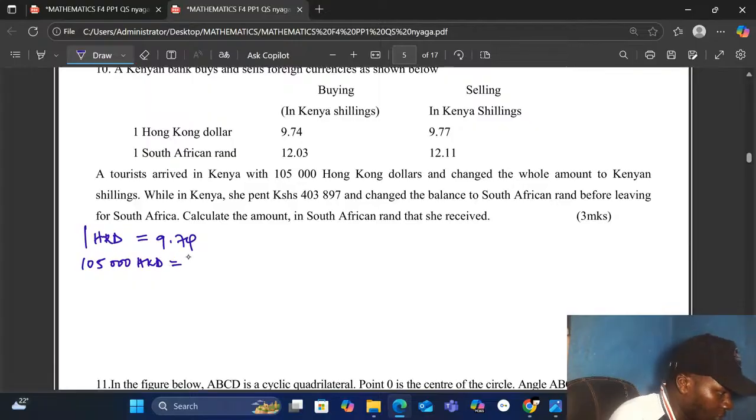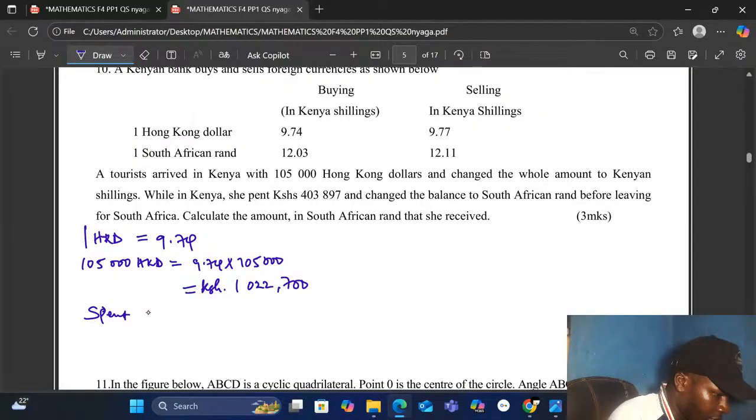So that means we shall have 9.74 times 105,000, so that in Kenyan shillings we shall have 1,022,700 shillings.